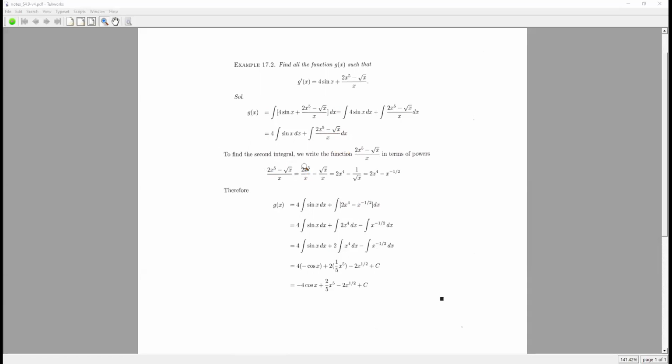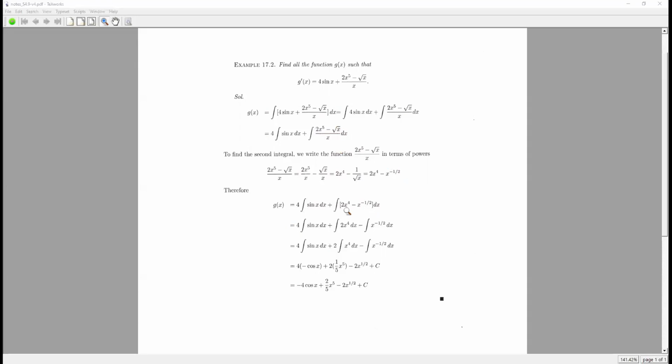Then in the first term, I can cancel one x. In the second term, I can cancel one square root of x. Then we get this. Now 1 over square root of x, I can write as a power. The power is x to negative 1/2. Now replace this function by this function. Then we get this equation.